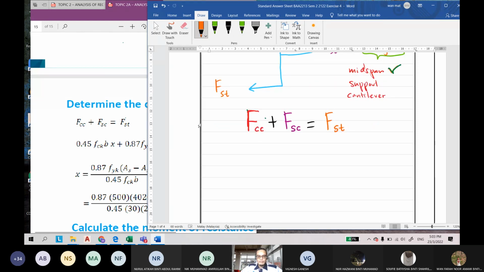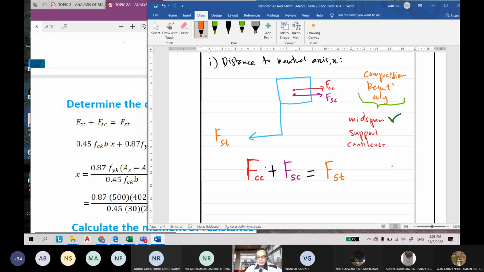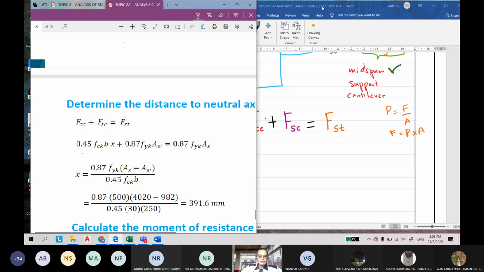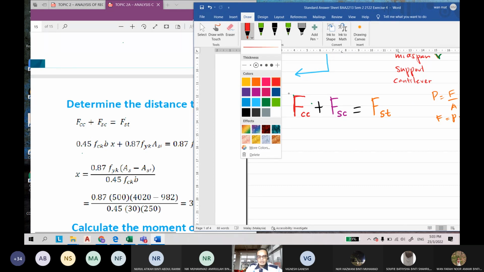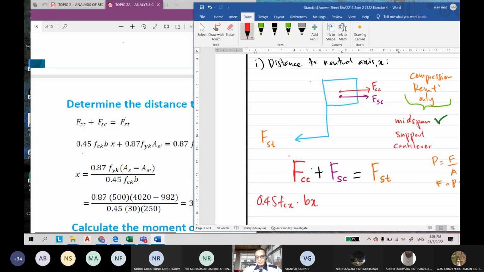Fcc, I believe you know, we recall force is equal to pressure times area. So the pressure is 0.45 fck, as in these notes, times b times x. This is x, and this is b.